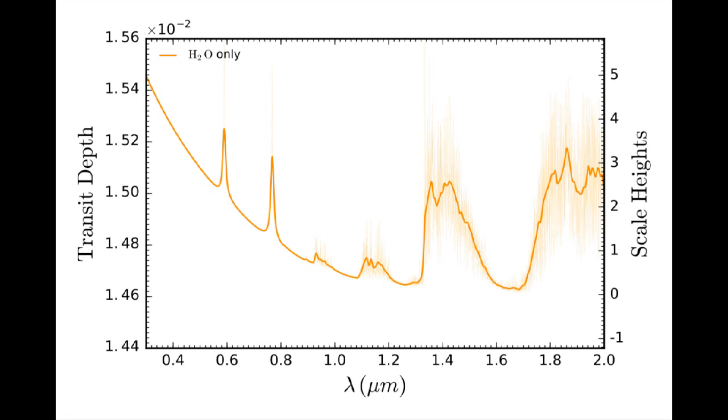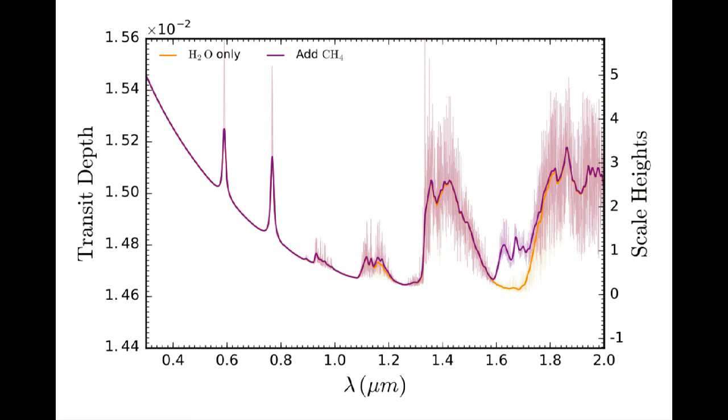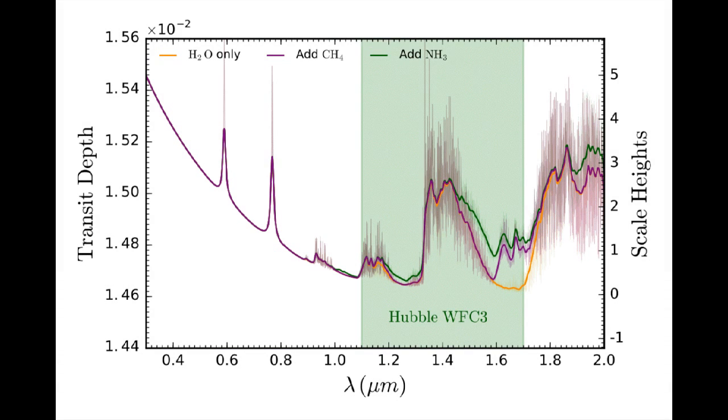So now let's add a few more molecules to see how this changes the spectrum. We can add methane, which then produces an extra absorption feature at 1.7 micrometers. We can also add ammonia, and notice that it adds a kind of slope that appears at about 1.5 micrometers. And just to remind you, I've highlighted the particular range that we can get high precision measurements right now using the Hubble Space Telescope.